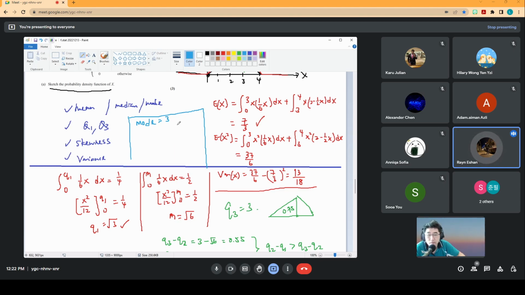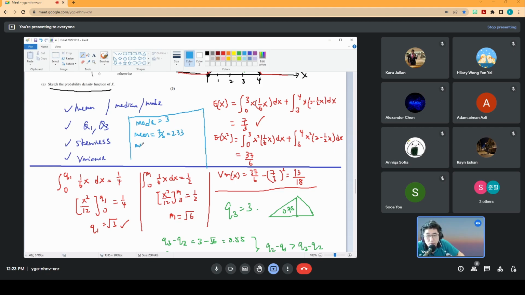Positive skew is mean greater than median, and median greater than mode. So if we look at the values, mean is 7 over 3, 7 divided by 3, I have 2.33.